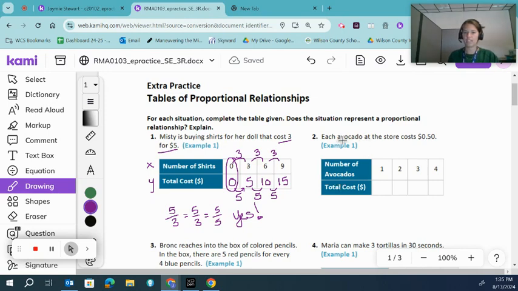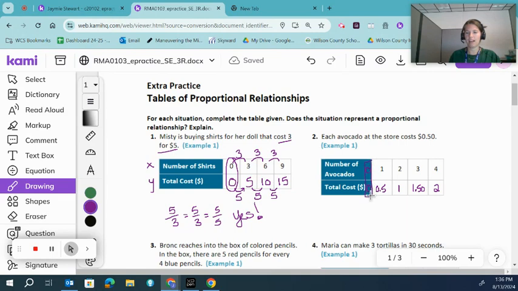Okay, so let's take a look at number 2. Each avocado at the store costs 50 cents. So one avocado costs 50 cents. 2 avocados cost $1 because that's 50 cents times 2. 3 costs $1.50, again, 50 cents times 3. And 4 avocados cost $2. And you could add another little section here that 0 avocados would then cost $0.